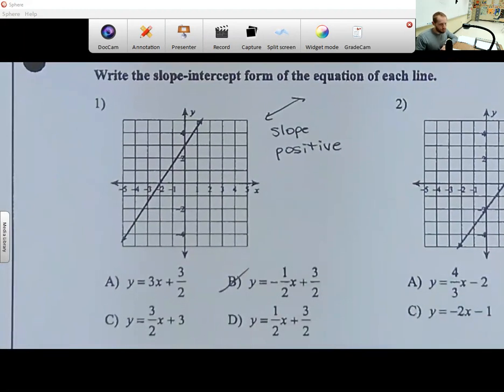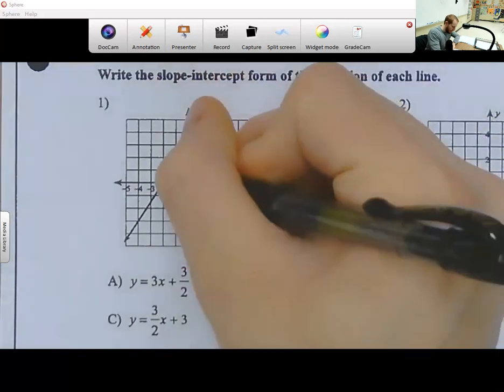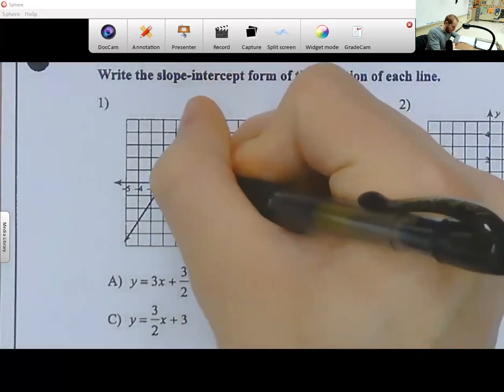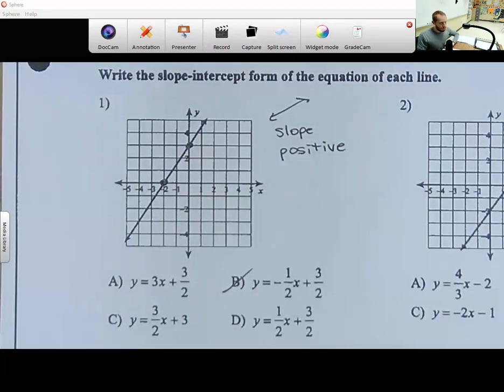But what number is the slope? That's the trick. We can do rise over run to find out what the slope is. You can choose 2 points from the graph. It doesn't really matter which 2 points you choose. I'm going to choose this point right here and this one right here. We can go from the coordinates of those points, or we can do rise over run.